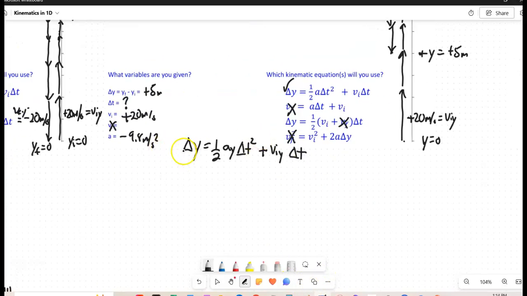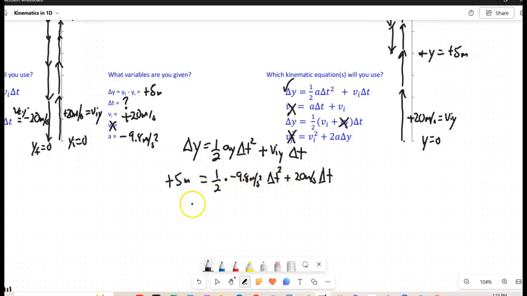We have the initial, we have the displacement in the y direction. It's one of the few times that I'm actually putting in numbers in the beginning. Delta t squared, plus the initial velocity, which is 20 meters per second, delta t. Okay? And we need to solve for delta t.